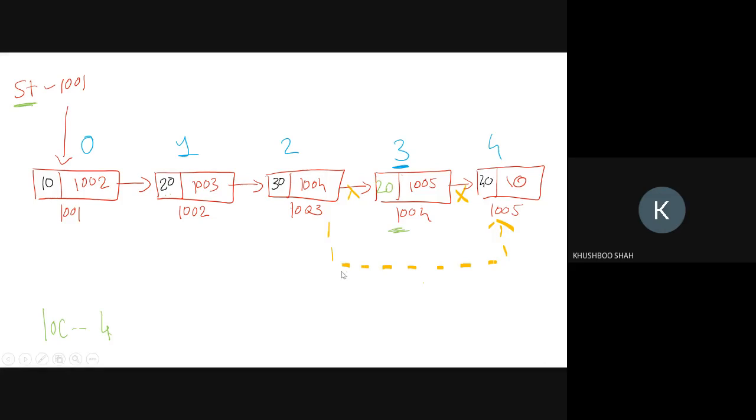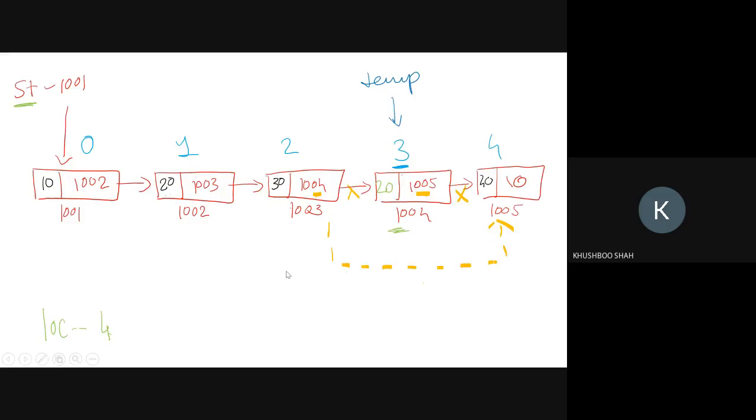First I need to assign this value at this location. Let's say this is the 10, which is pointing to this, and you will require two pointers for this.